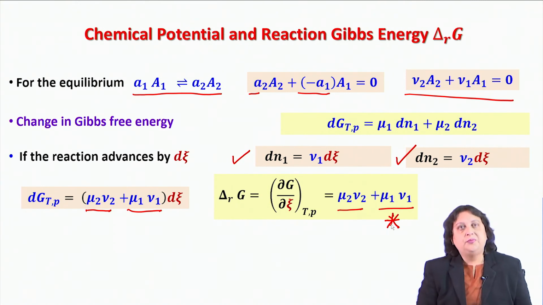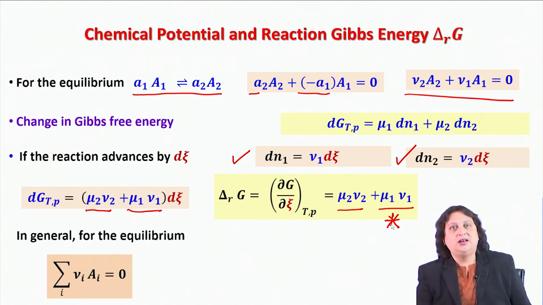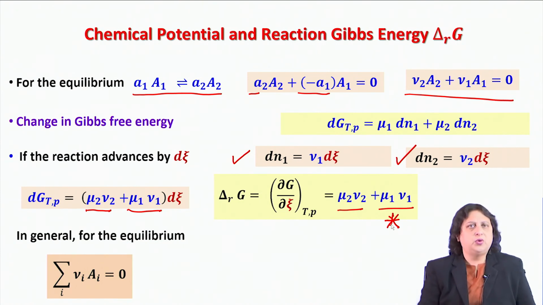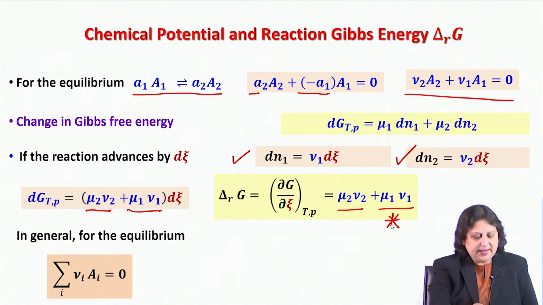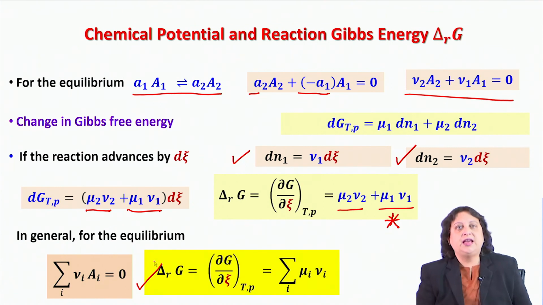And therefore, by incorporating the sign in the stoichiometric coefficient, now in general, for an equilibrium involving more than one or two or three reactants and products, if I can write the balanced chemical equation in the form of an algebraic equation like this, I can immediately write down the reaction Gibbs energy as a summation over i, mu i, nu i.